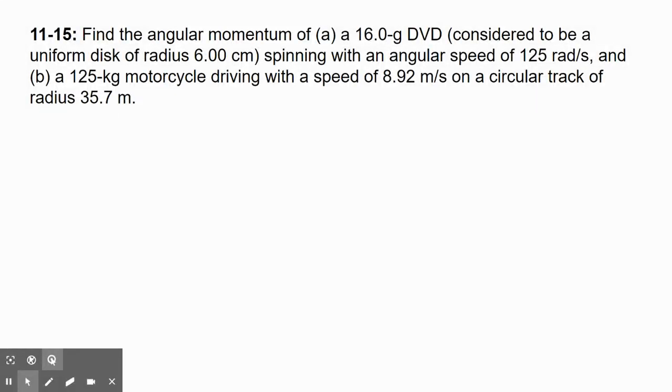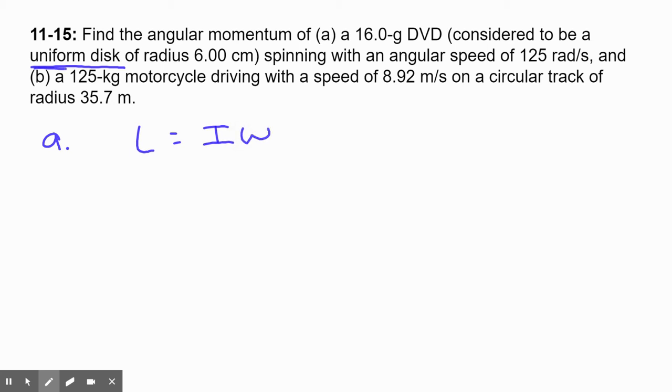Okay, so for part A, this is going to be the easy part because it tells us that we're going to consider the DVD to be a uniform disk. Well, for angular momentum, we know that angular momentum is the moment of inertia multiplied by the angular speed.